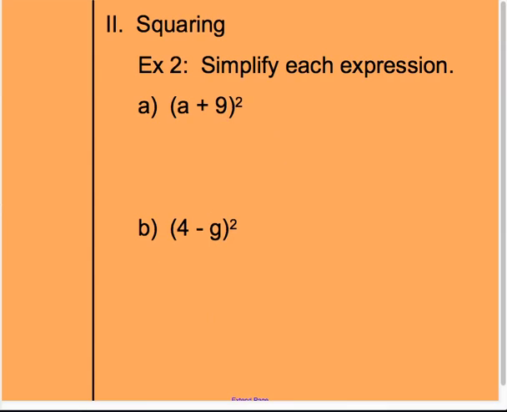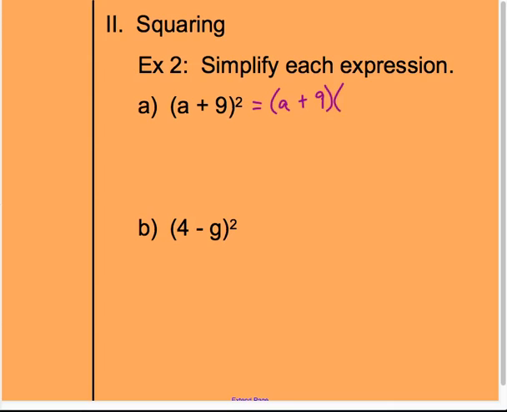Squaring. Lots of students end up squaring their binomials incorrectly because they try and distribute the square. Instead of distributing the square and getting an incorrect answer, we are going to write this out using the definition of a square. What it means to square something is multiply it by itself.